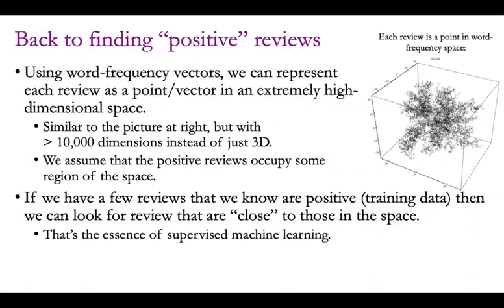In particular, if we have a few reviews that we know are positive, like some training data, to use machine learning parlance, then we can look for reviews that are close to those other positive reviews in this space, and those maybe will be positive too, right? Which is basically what supervised machine learning is at a very high level.